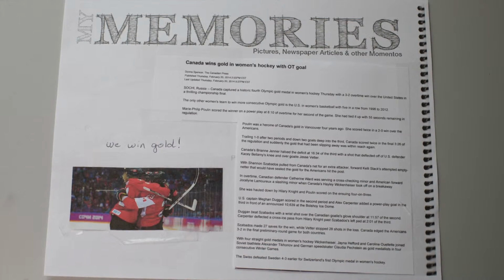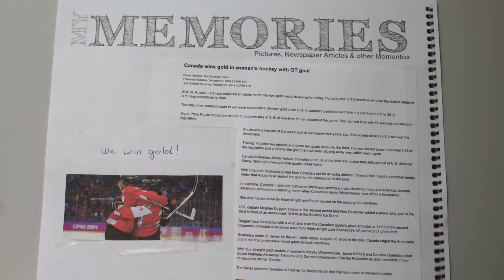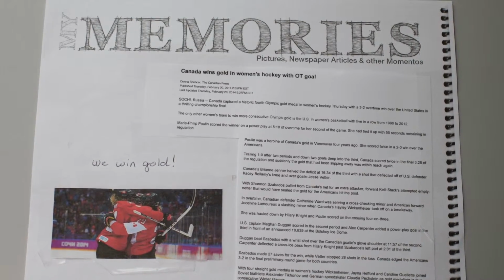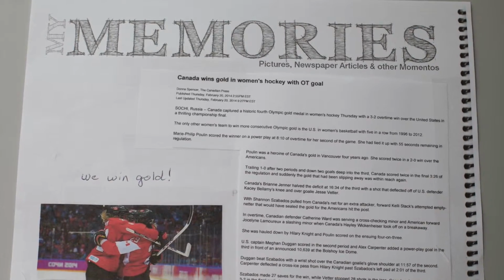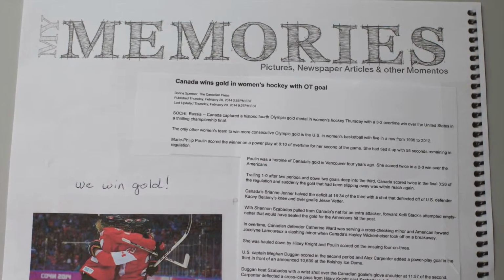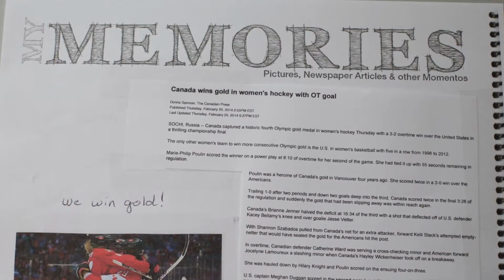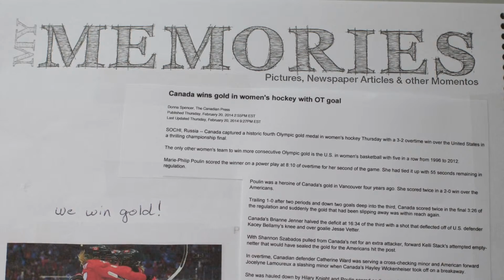At the end of the book, there's several pages that I've left blank for just memories of the season, and it might include newspaper articles, pictures of team get-togethers or victory celebrations. If they go to and spend some time in a hotel and there's a party, the kids like to have those things all in one spot.